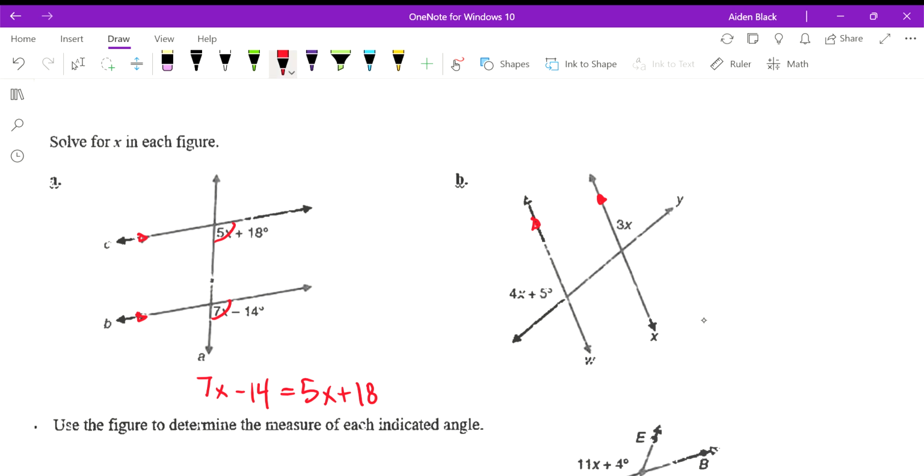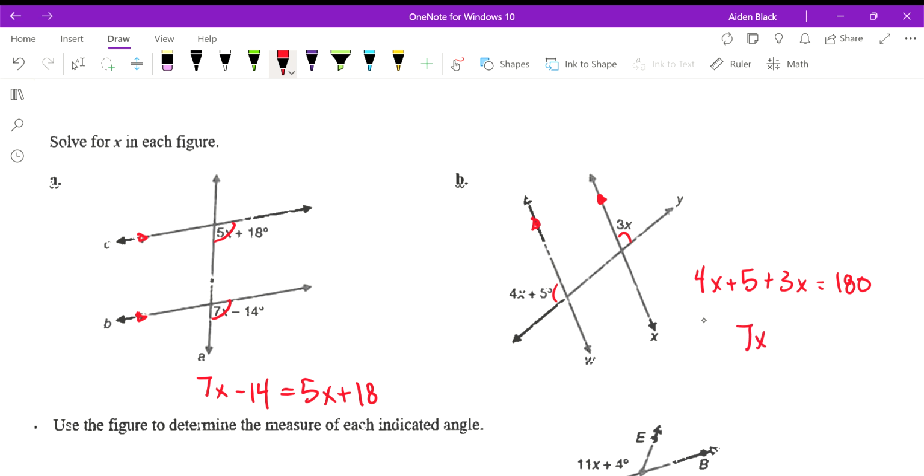In this case, looking at these two, we know that they're same side exterior, which we know same side, supplementary. Okay, please try to remember that. Same side, supplementary. So if they're supplementary, we know that they add up to 180 degrees.